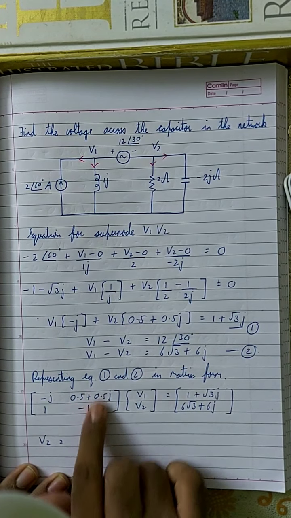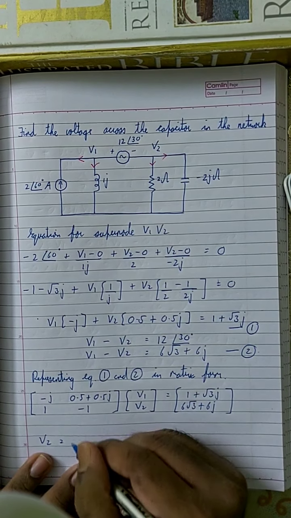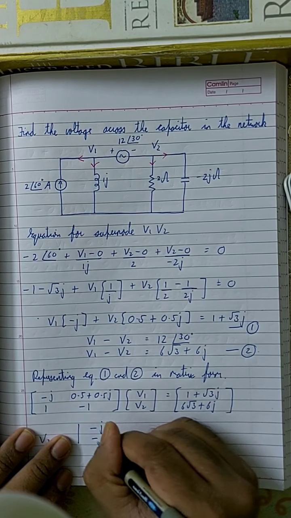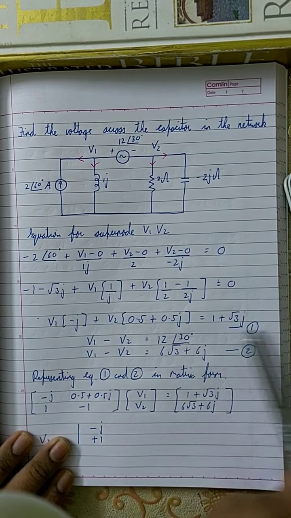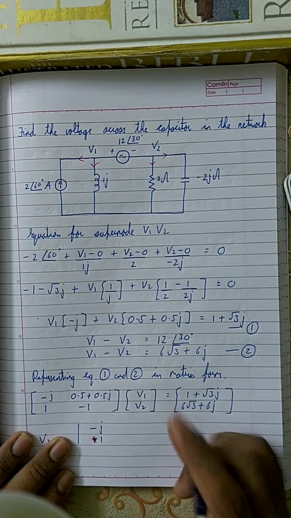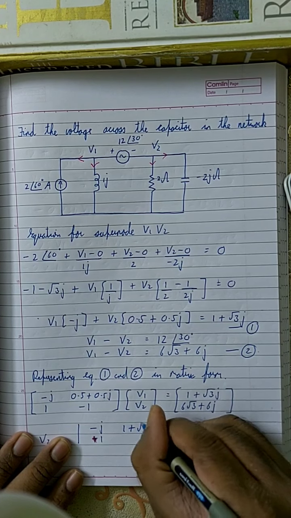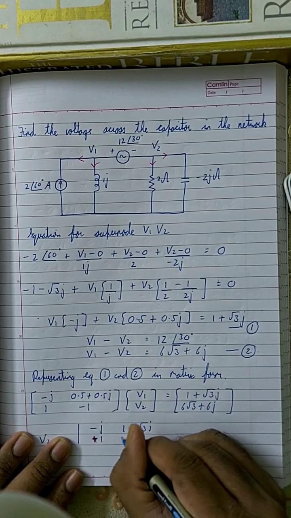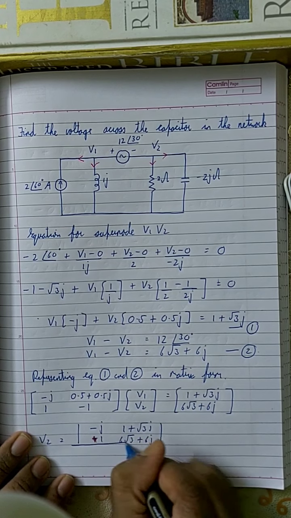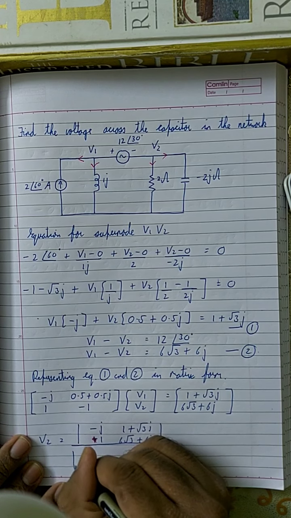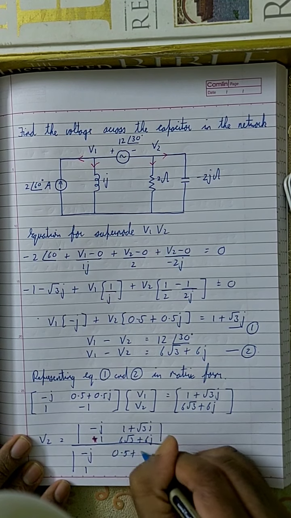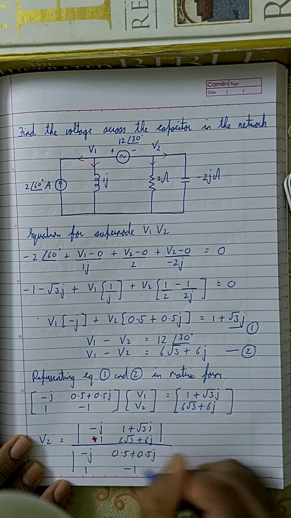You replace the second column with the constants. The first column will be the same, and the second column will be 1 plus root 3J and 6 root 3 plus 6J, divided by the determinant of the coefficient matrix, which is minus J, 1, 0.5 plus 0.5J, minus 1, right?